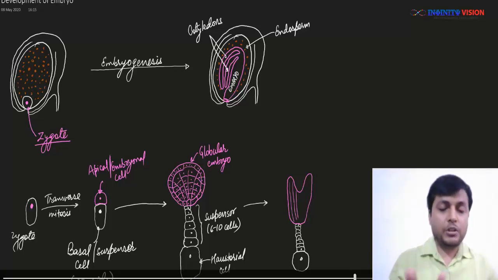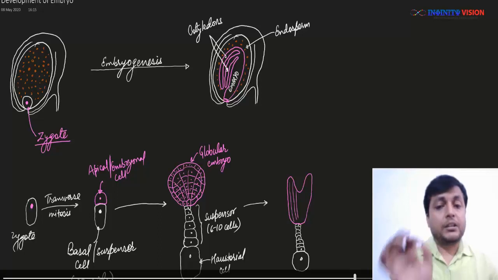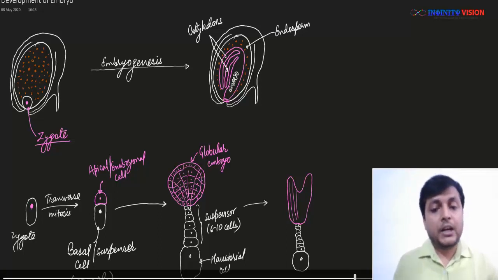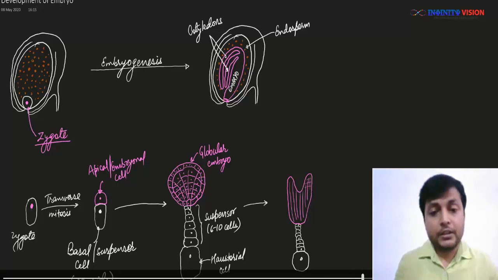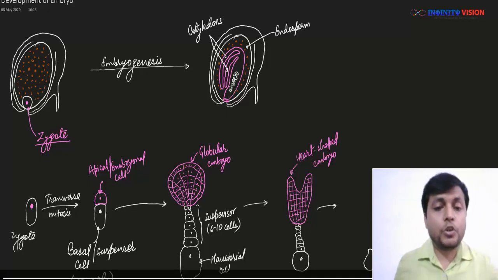Suspensor may grow, may not grow, but the globular embryo now will show some changes. It will further grow to take this heart shape, and this stage is called heart shaped embryo. Now you'll ask, what are these two notches?